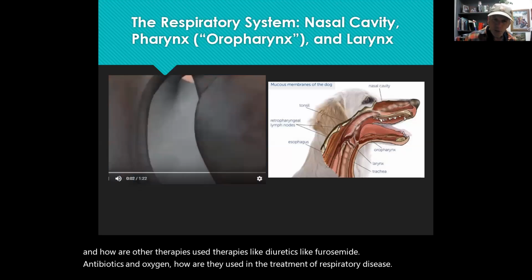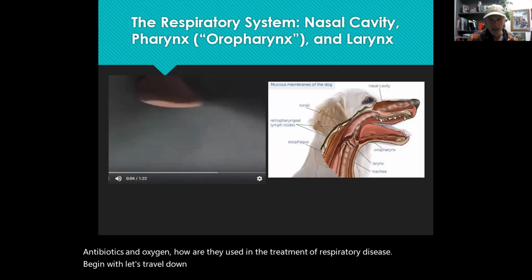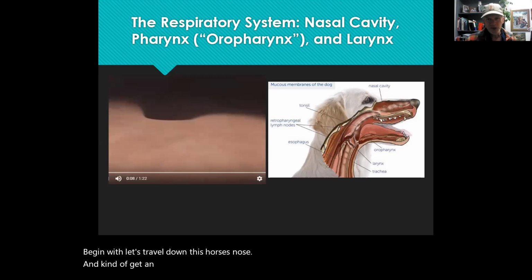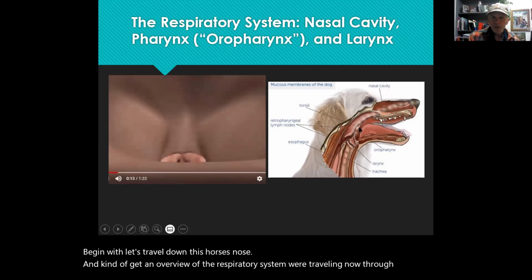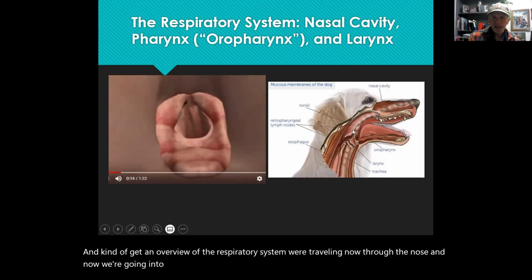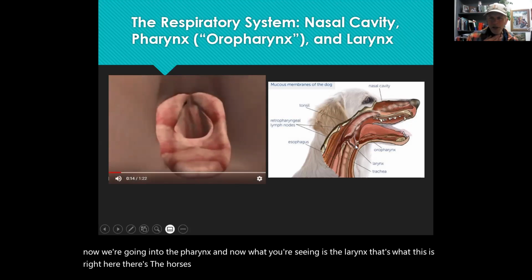We'll begin with, let's travel down this horse's nose and get an overview of the respiratory system. We're traveling now through the nose, and now we're going into the pharynx, and now what you're seeing is the larynx. That's what this is right here. There's the horse's larynx.